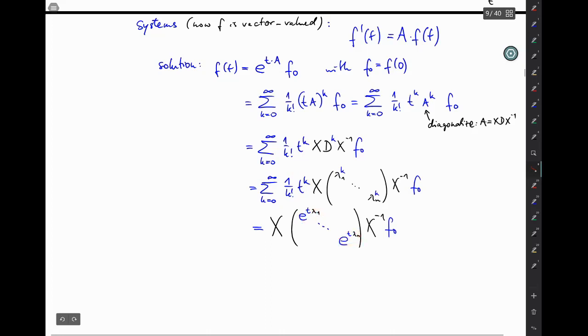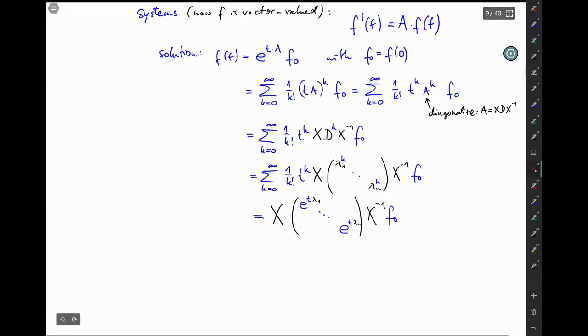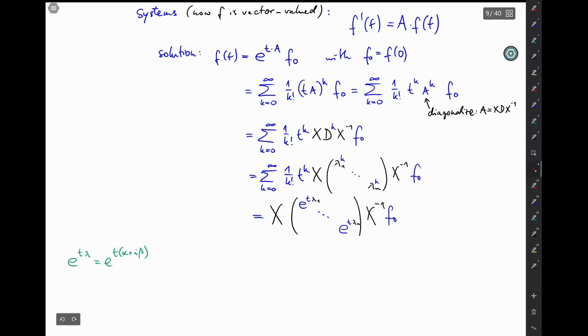So you have e to the t times the first eigenvalue here, and so on up to e to the t times the last eigenvalue down here. Now in general, lambda could be complex valued, so let's split that into real and imaginary part. Let's call them alpha and beta. And then write this exponential of a sum as a product of exponentials.